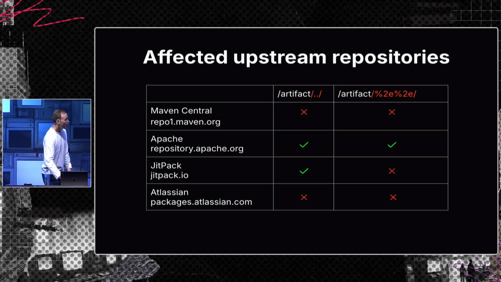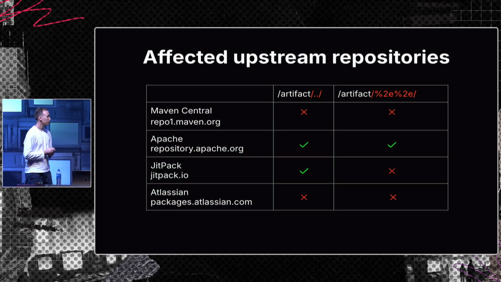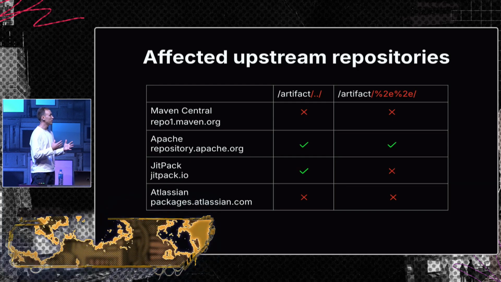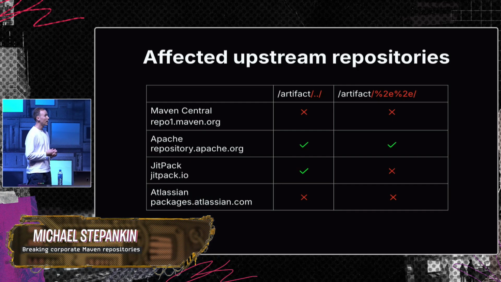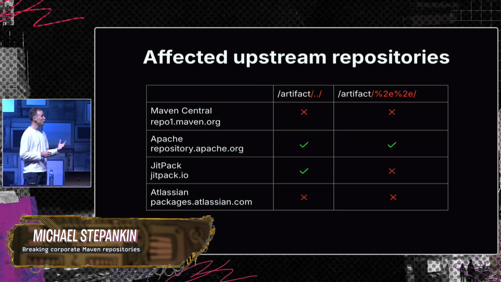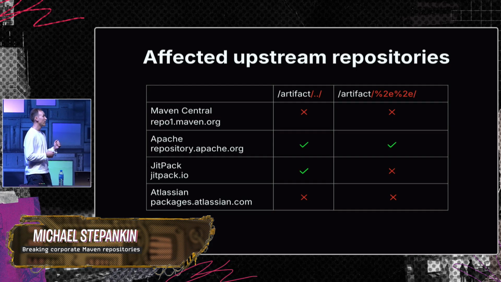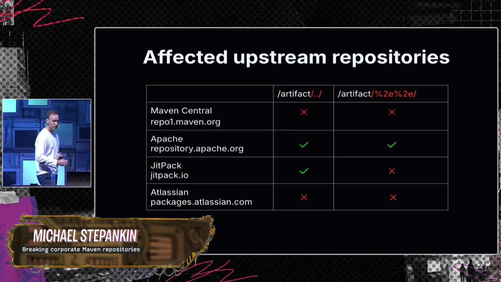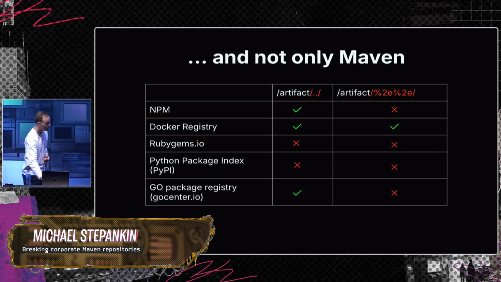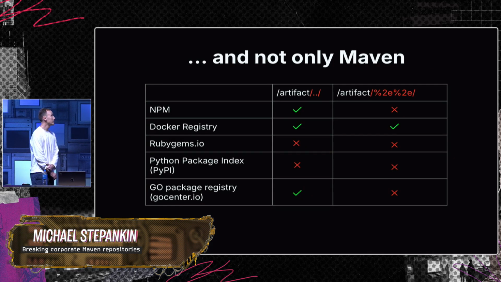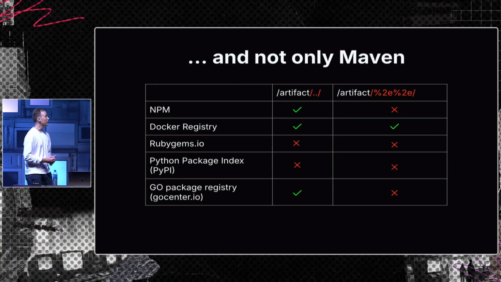So the one condition to exploit this vulnerability was to find an upstream repository that performs this path normalization. And unfortunately, Maven Central does not do it, but the Apache repository and JitPack, for example, do. So they're vulnerable to this attack. And frankly, it's not only about Maven.